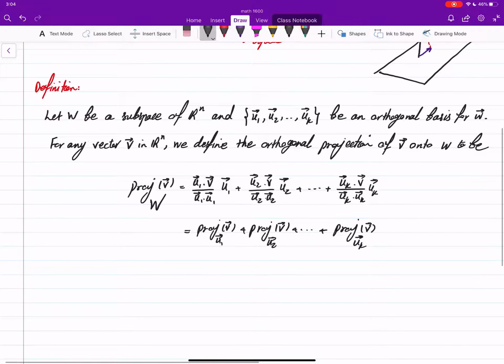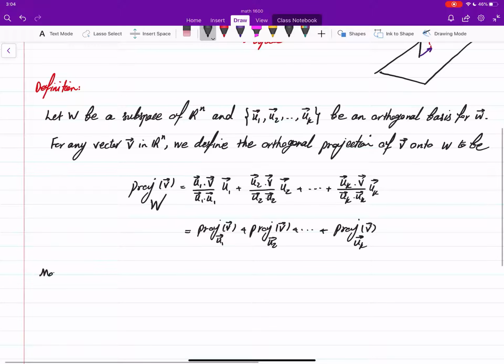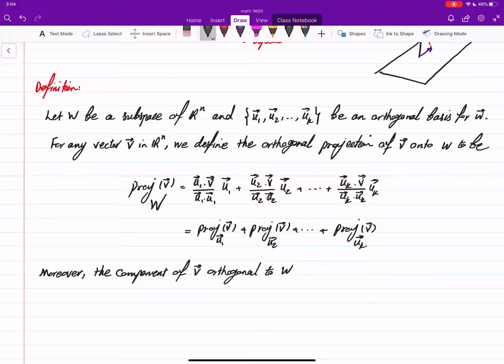Well, also we define something else. Moreover, the component of v orthogonal to W is defined, well, we have a notation for that.